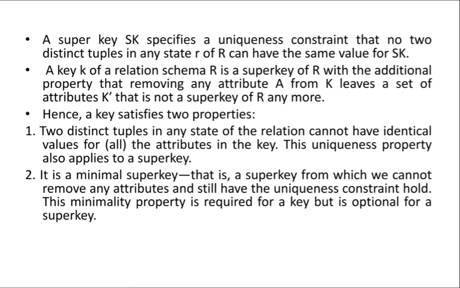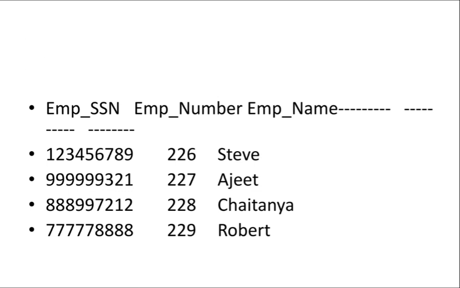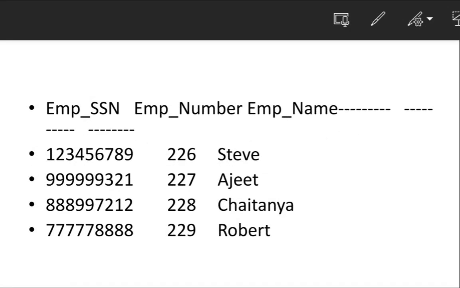What is the second? It is a minimal super key. Why? Key is also called a minimal super key because we cannot remove any attributes and still have the uniqueness constraint as old, right? So here we can't remove any attribute. If you remove any attribute, for example, in a super key, this is a super key, right?